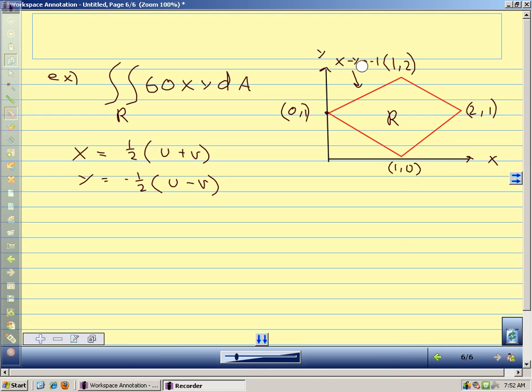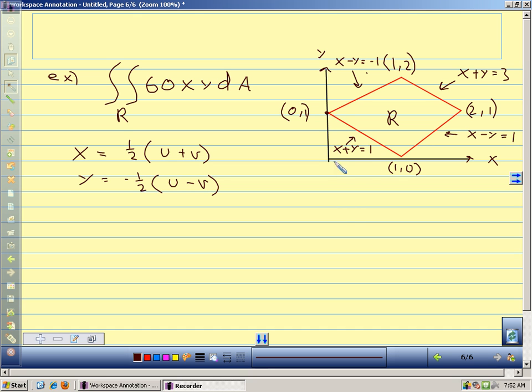The equation for the line on this boundary is x minus y equals 1. On this boundary, the equation is x plus y equals 3, and on this boundary, x plus y equals 1. So we look at the boundaries to motivate our change of variables.